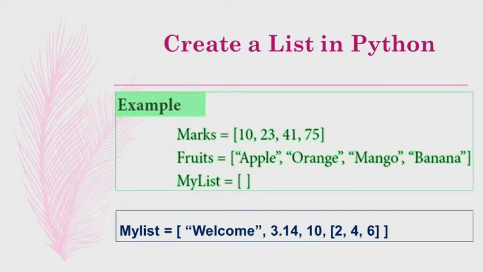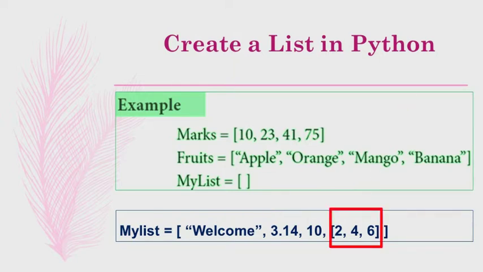Here the same type of values is given in a list, but we can give multiple types of elements in a list. See here, my_list = welcome, this is a string, and next 3.14, this is a fractional value, which means a floating point value. Next, this is 10, an integer value, and next [2, 4, 6].